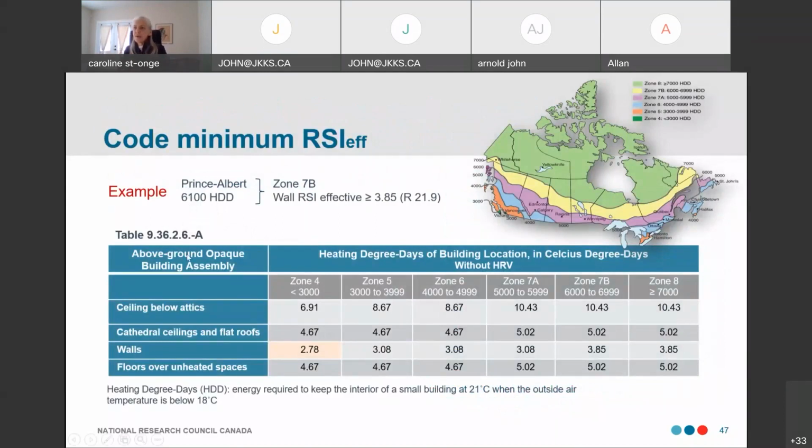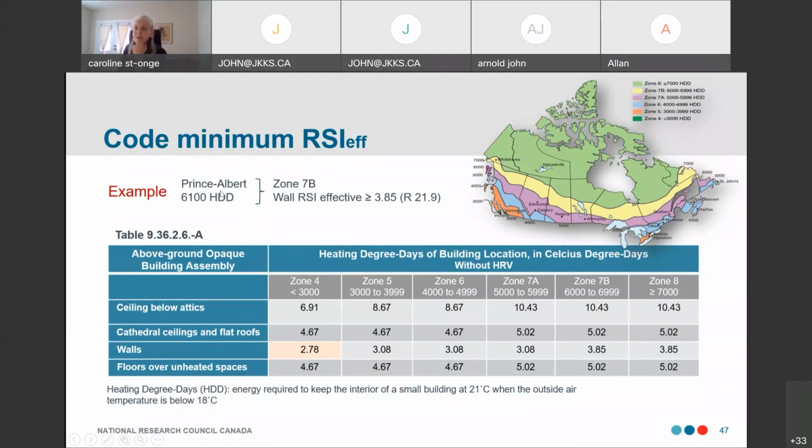This is for a building without an HRV and a wall built above ground. If the wall is built above ground, then because we got 2.78 as an effective thermal resistance, the wall could be built in locations only of zone 4.